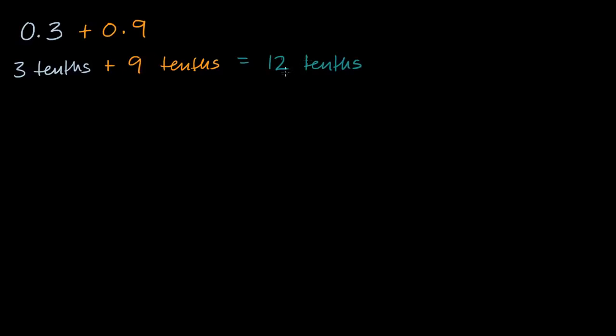Well, one way to think about it, this is 10/10 plus 2/10. And if I have 10/10, this right over here is 1 whole. So that is going to be 1. So we have 1 and 2/10.